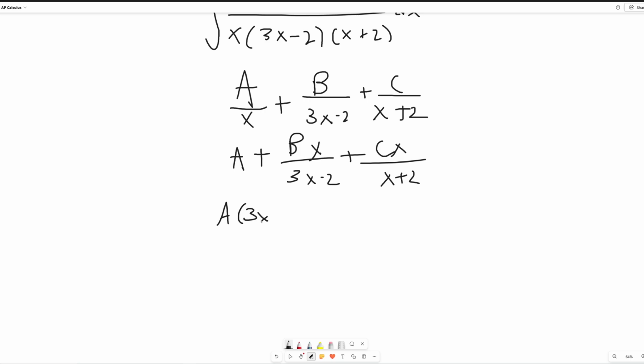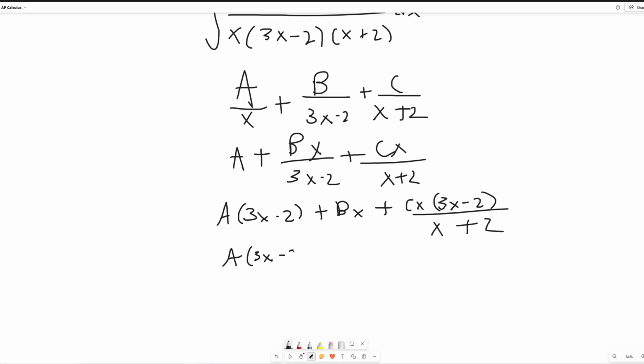A times 3x minus 2 plus bx plus cx times 3x minus 2. Okay, and then now multiply everything by x plus 2. So then we have a times 3x minus 2 plus bx times x plus 2 plus cx times 3x minus 2. Wow, that is a lot of work.